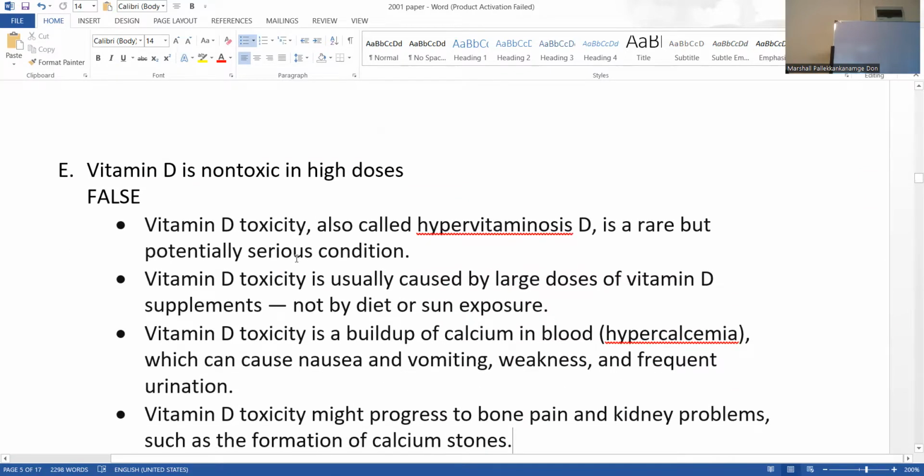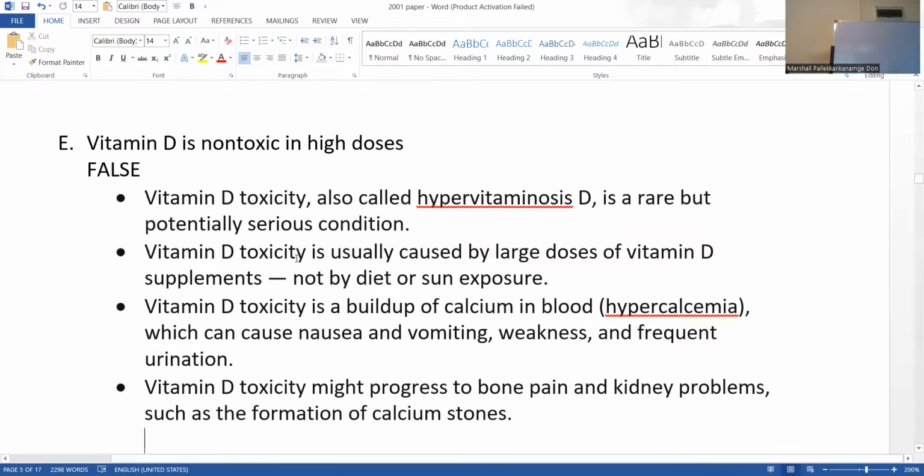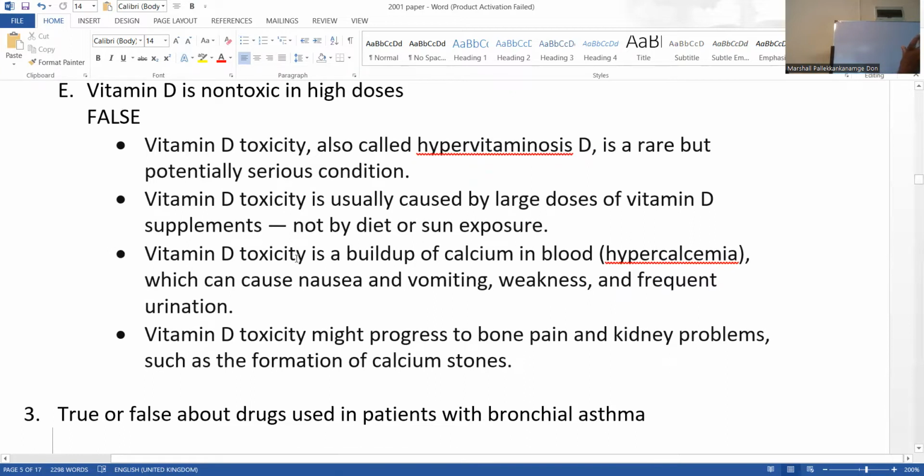Vitamin D is non-toxic in high doses. That is false. Vitamin D can be very toxic in high doses. These are fat-soluble vitamins, so they don't get easily removed from the body, because they are not water-soluble.